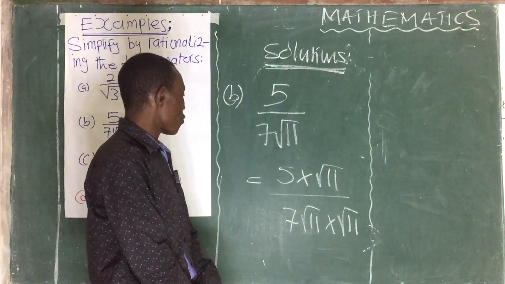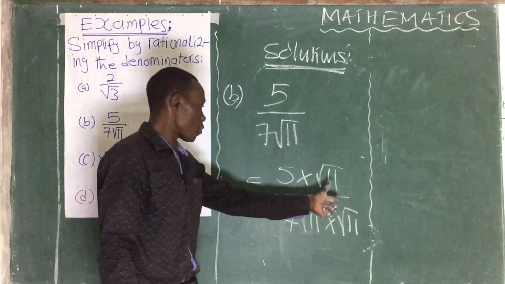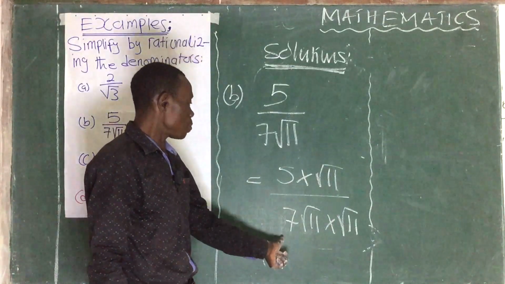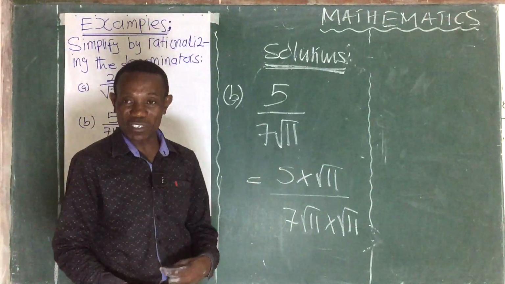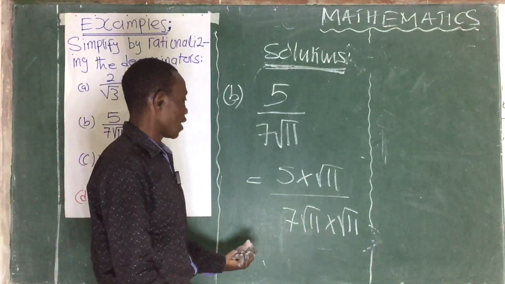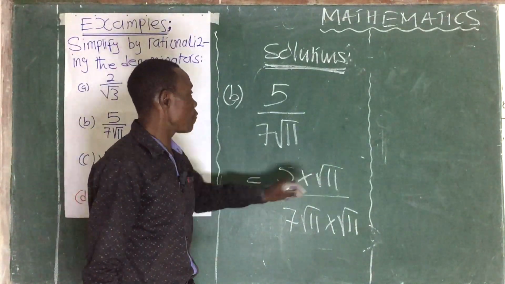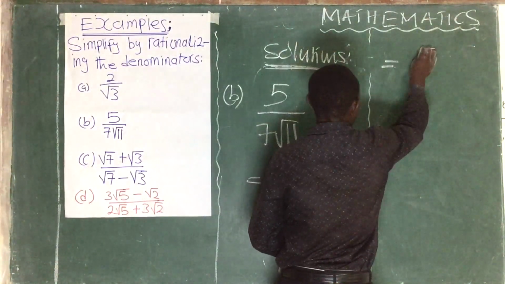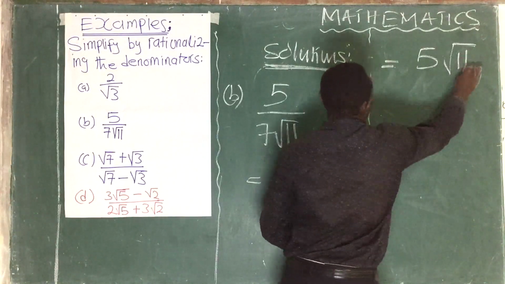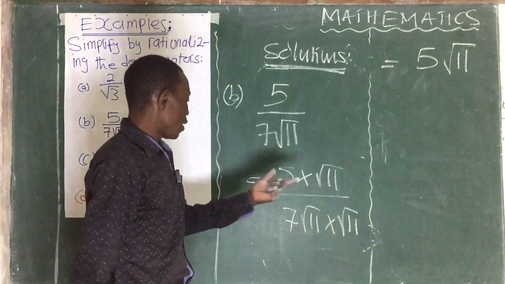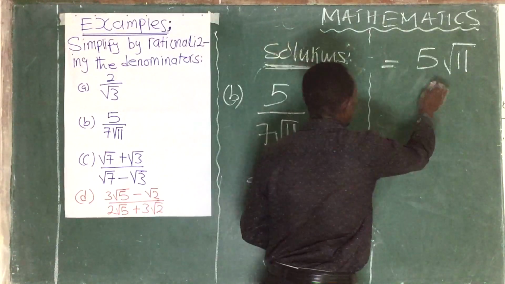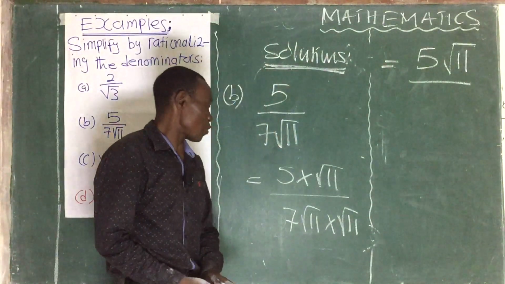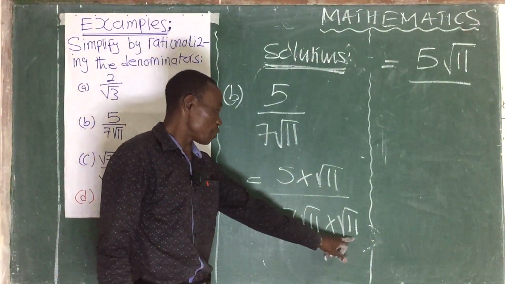If we proceed with the simplification, it'll be like it was in the first example. Nothing much. I have 5 times root of 11, and what I get here is 5 root 11. Down there, you also have the result after you take the product of 7 root 11 by root 11.